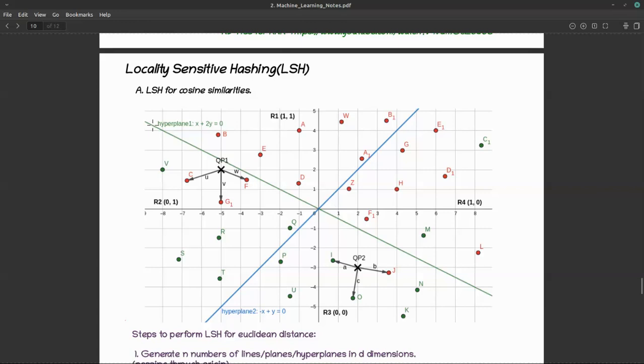So given this hyperplane, it will divide my space into two halves, positive half and negative half, right? All the data points on this side of hyperplane 1 are in the positive half. All the data points on this side are in the negative half. Similarly for this hyperplane, this half is my positive half, and this half is my negative half.